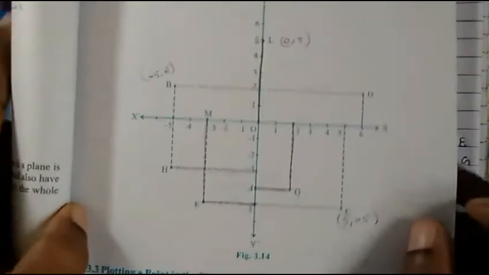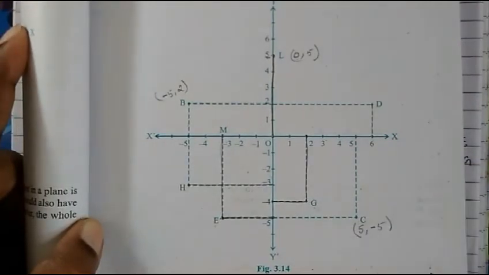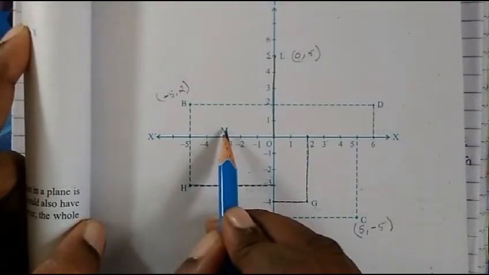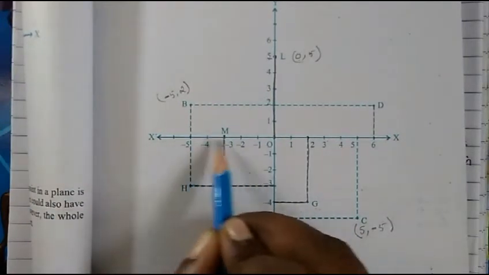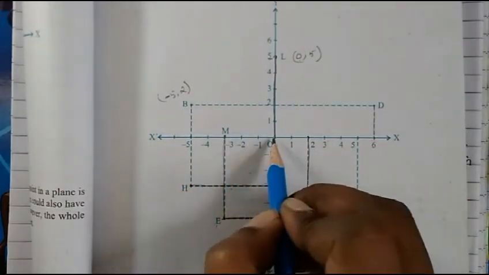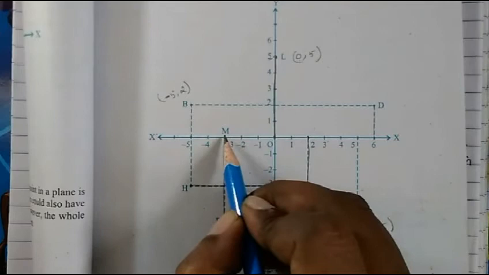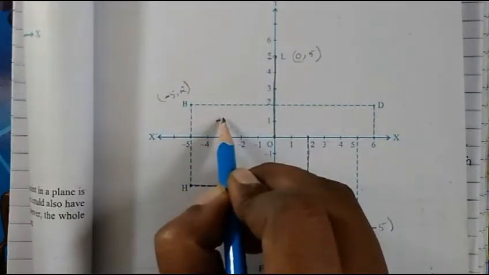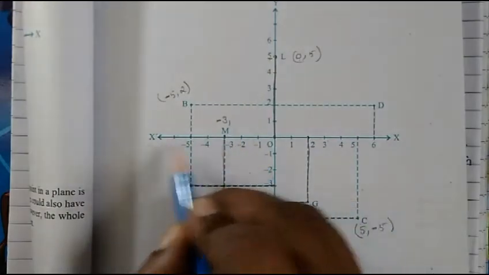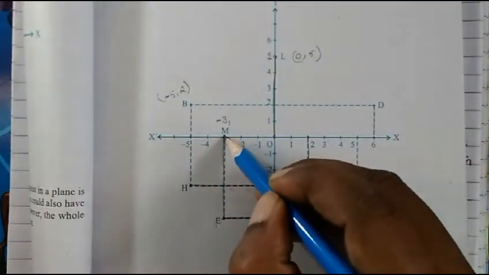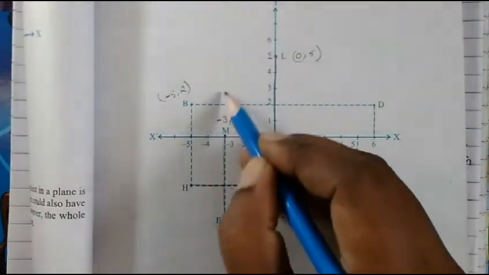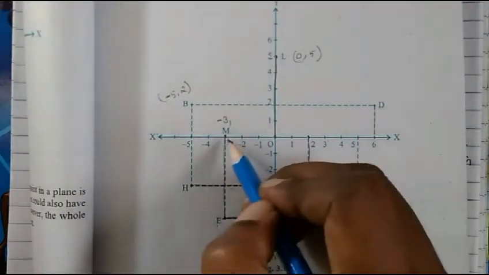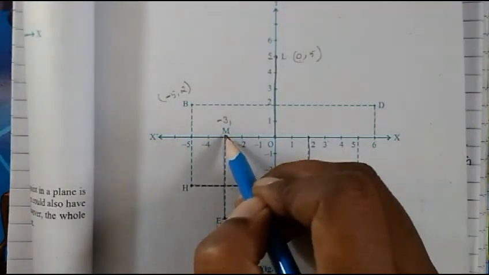So last, the coordinates of the point M. M is here. So what are the coordinates for M? On the x-axis, 0 is here, then -1, -2, -3. So on x it is -3. For y, if you start from 0 and go up it will be 1, 2, 3, 4, and when you go down it will be -1, -2, -3. But M is not going anywhere in the y direction. It is staying here only.